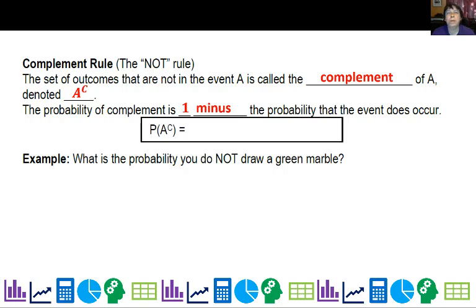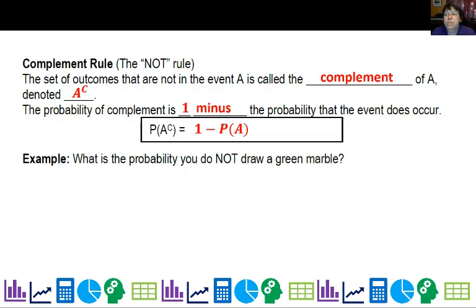So the complement is what completes the event. If we say probability of rain, then the complement would be not rain. If we say probability of a green marble, then it would be not green, which would be red or white. So our formula is probability of the complement is 1 minus the probability of the actual event.